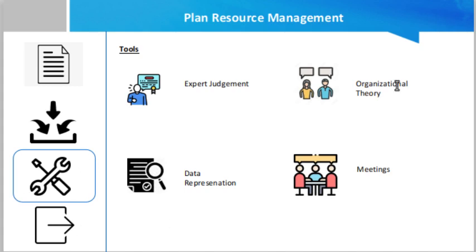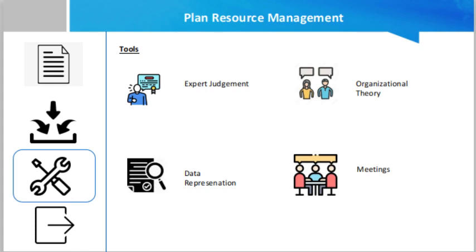Organizational theory is another tool we use. Organizational theory provides information regarding the way in which people, teams, and organizational units behave. Effective use of common techniques identified in organizational theory can shorten the amount of time, cost, and effort needed to create the plan resource management process outputs and improve planning efficiency.